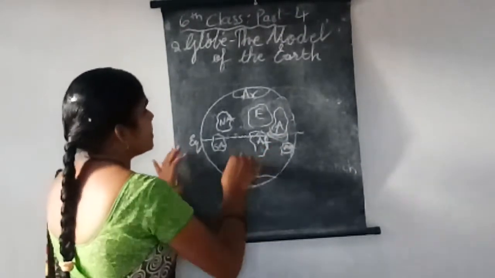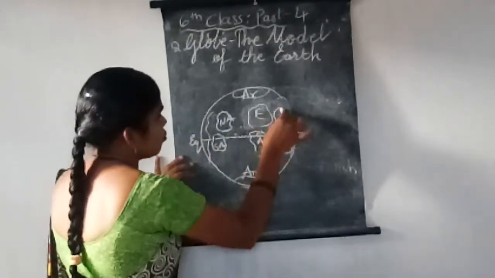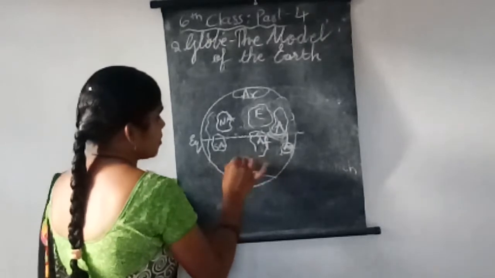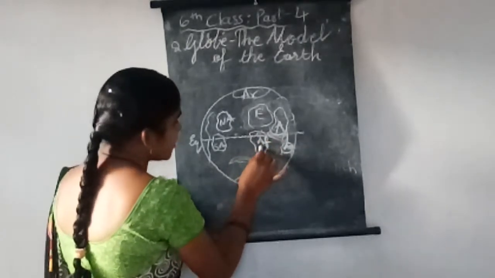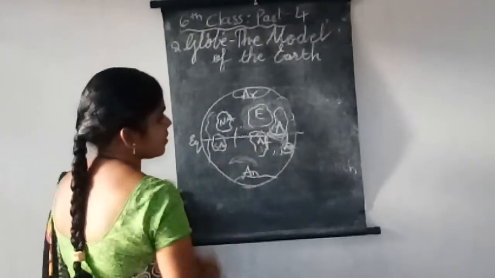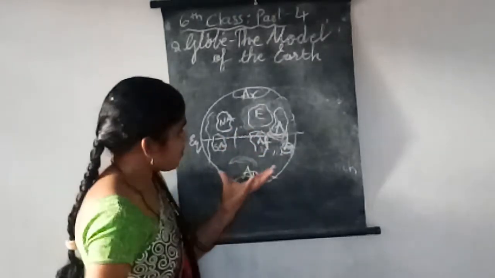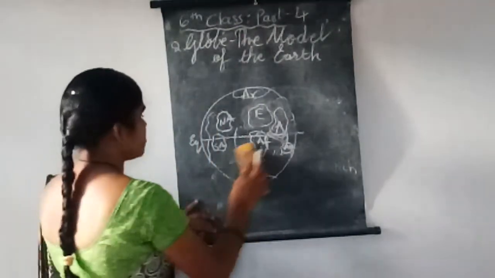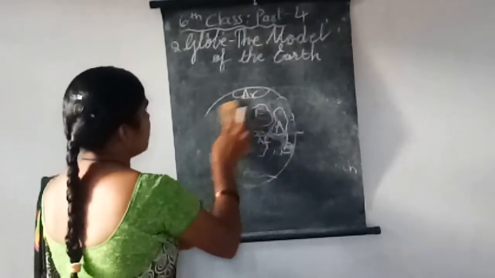And this is Pacific Ocean, here and here. Antarctic Ocean, here. Atlantic here, Indian. So by seeing this, I think it is somewhat difficult, no? I will draw clearly.